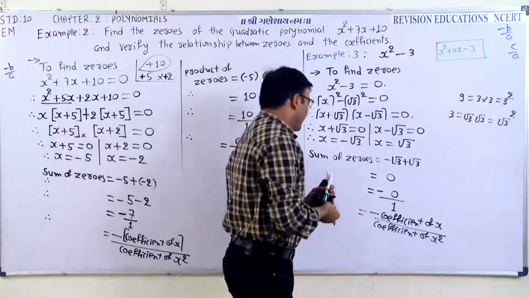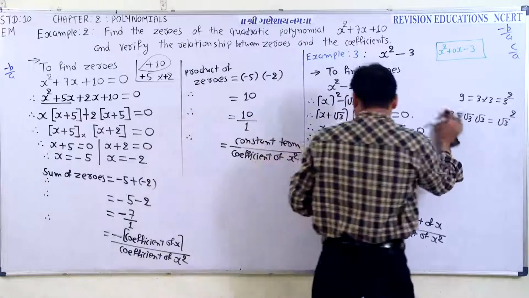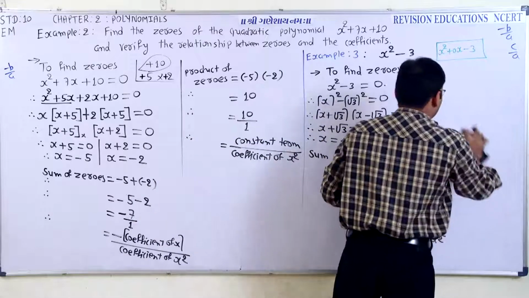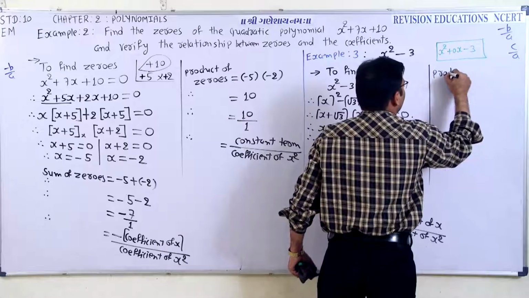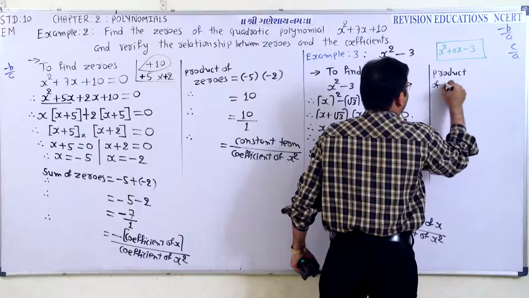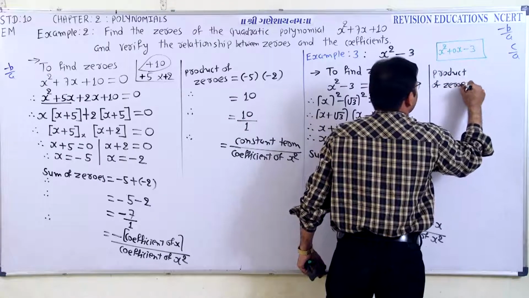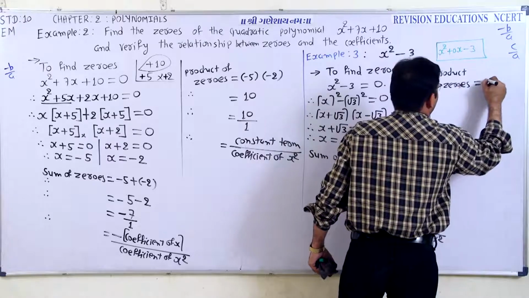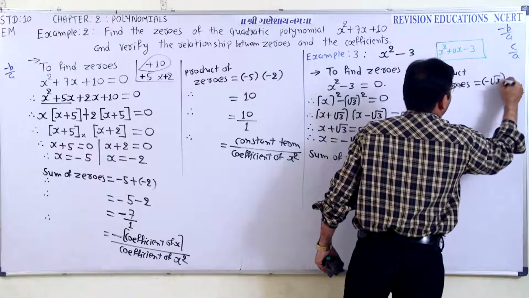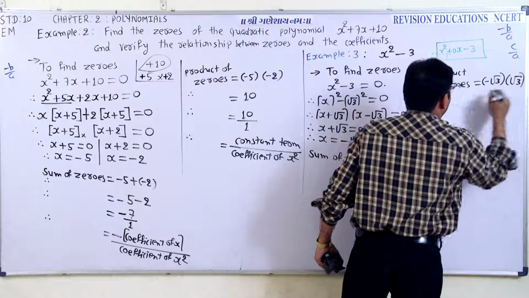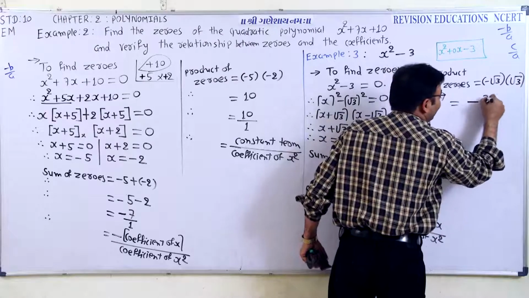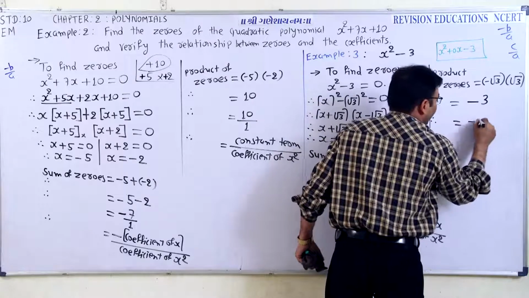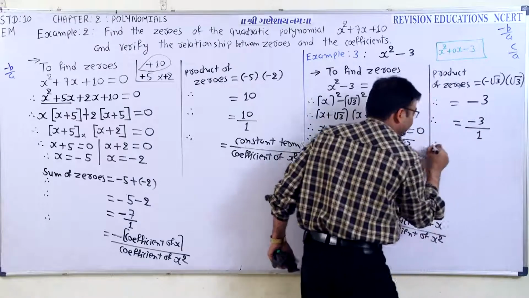Now product of zeros देते हैं, sum of zeros का हमने रिलेशन फाइंड किया. Now product of zeros, here we write minus √3 into √3, minus root 3 plus root 3 minus 3. So we write here minus 3 by 1.